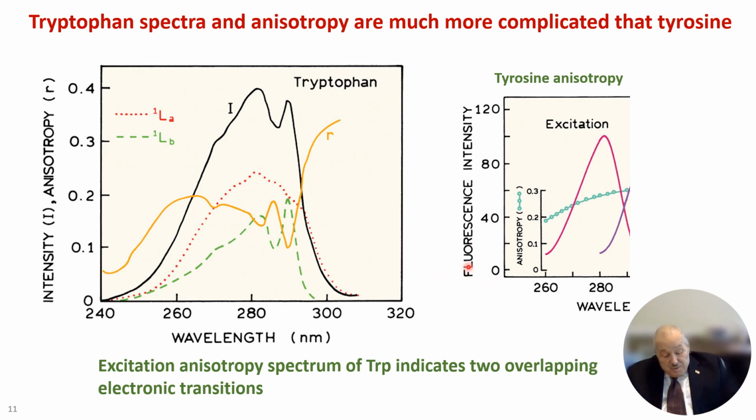And just speaking from experience with grant proposals, too many proposals have been shot down because someone would have an issue with which state you're dealing with. But because the 1LA state is the lower energy one, the emission is just about always from the 1LA state.